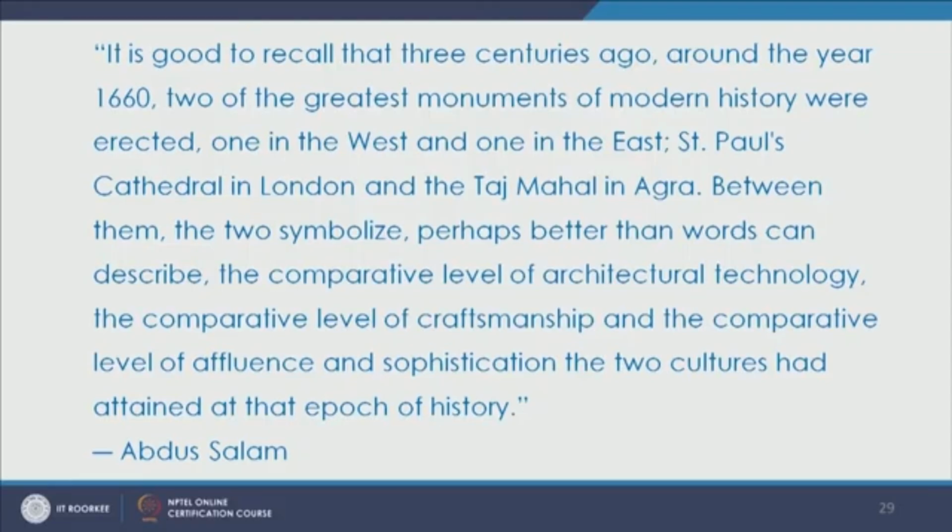I would like to end with this extremely beautiful quote. It is good to recall that 3 centuries ago, around the year 1660, 2 of the greatest monuments of modern history were erected, one in the west and one in the east, St. Paul's Cathedral in London and the Taj Mahal in Agra.